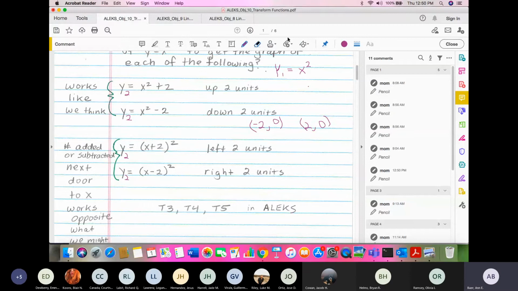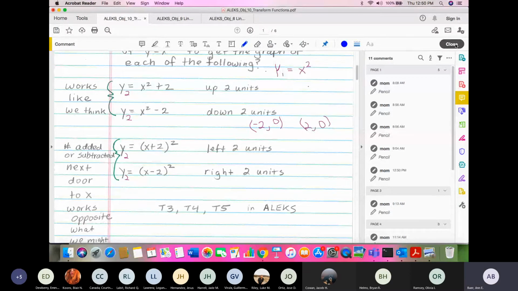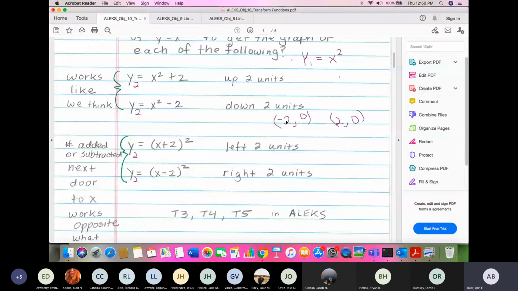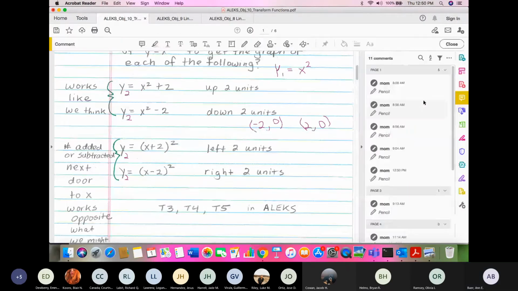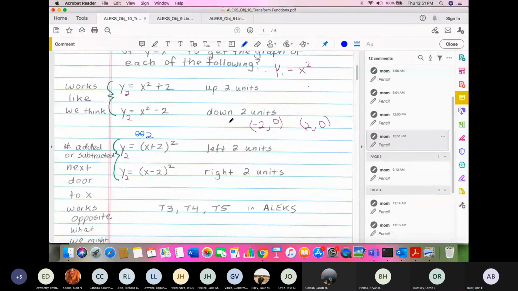Let me get another color here. Let's do blue. So if I take this negative 2 here, that's in the X position. So we want to put negative 2 in here for X. And this 0 is in the Y position over here.